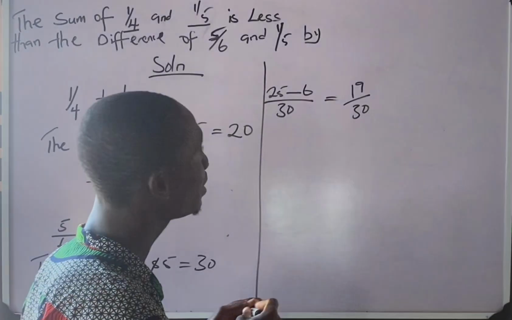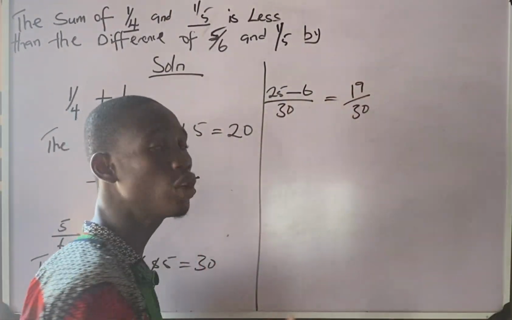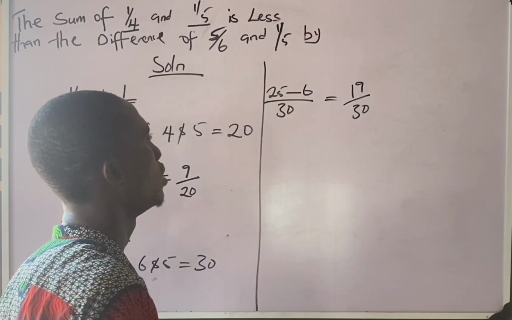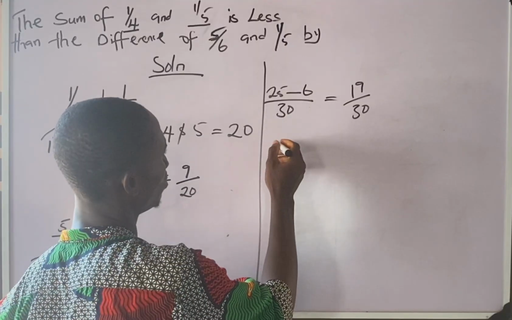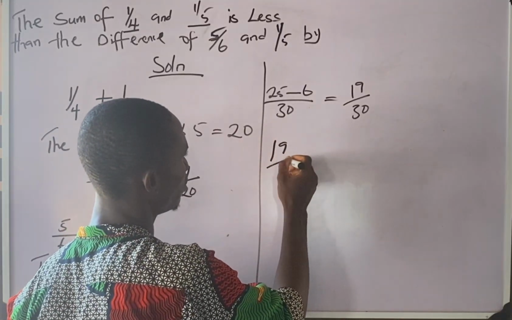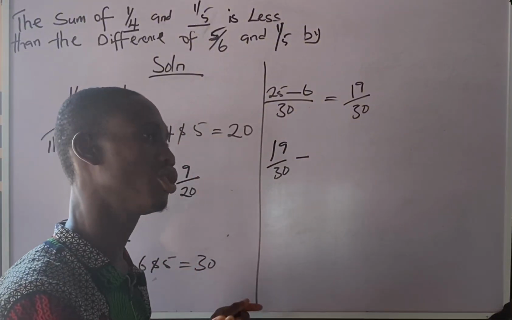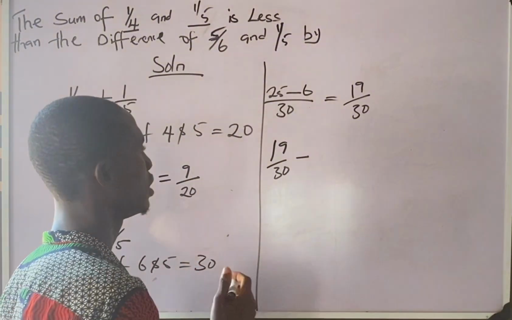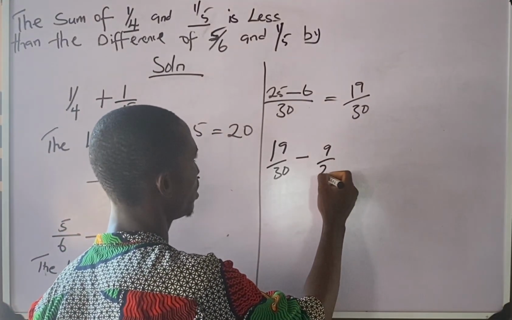Note that the bigger fraction is not known by the big numbers there, or by what we feel, but by the weight it is carrying. So we have 19 over 30 minus 9 all over 20, to find the difference between them.